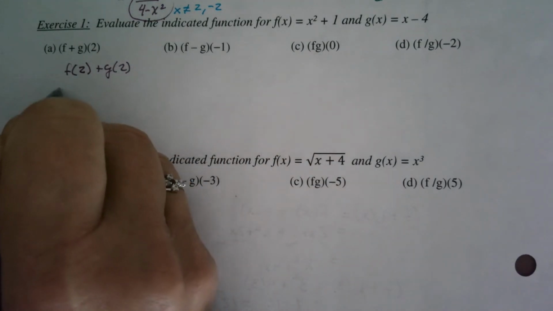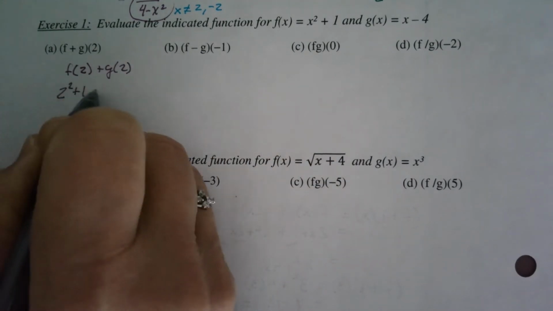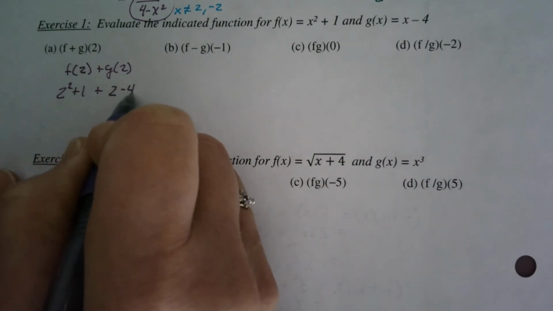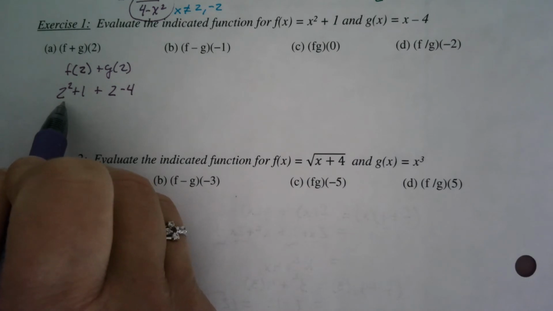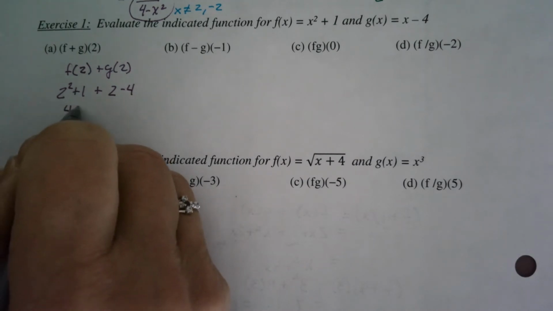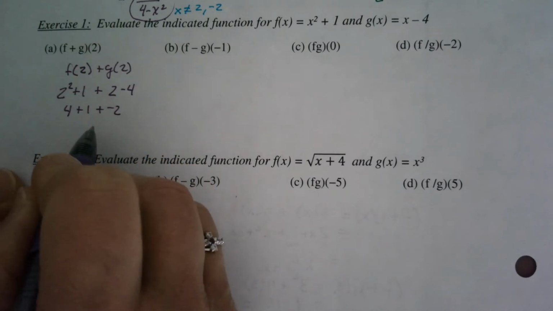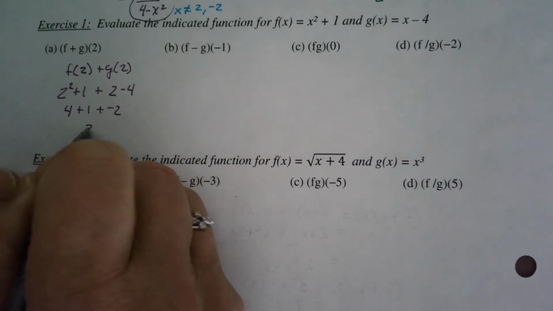F of 2 is 2 squared plus 1, and g of 2 is 2 minus 4. 4 plus 1 plus a negative 2, that's 5 minus 2, which is 3.